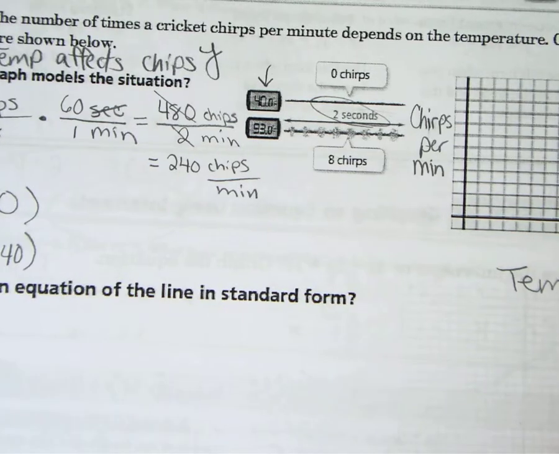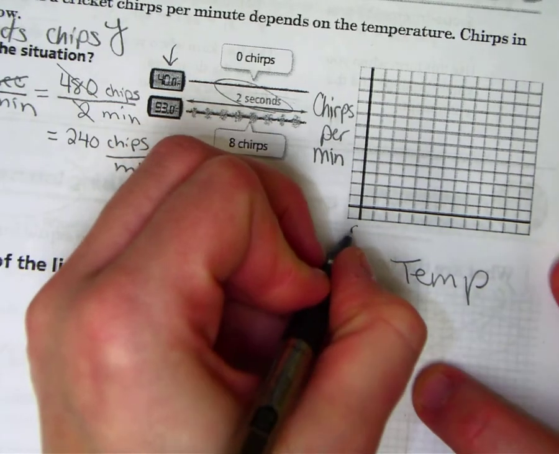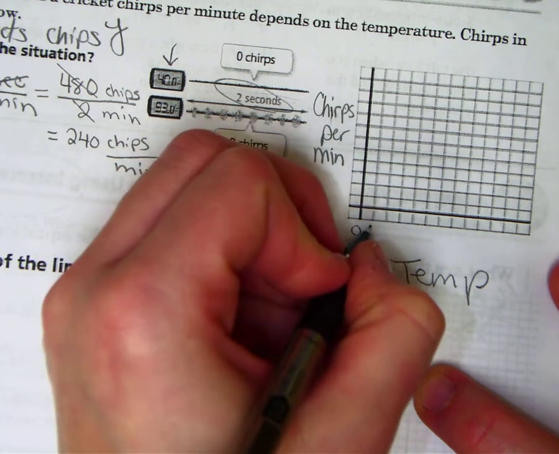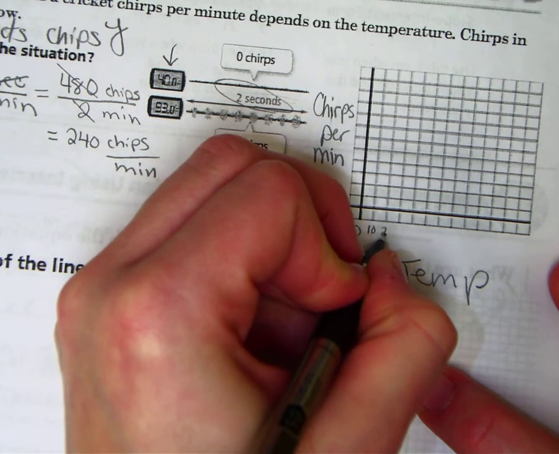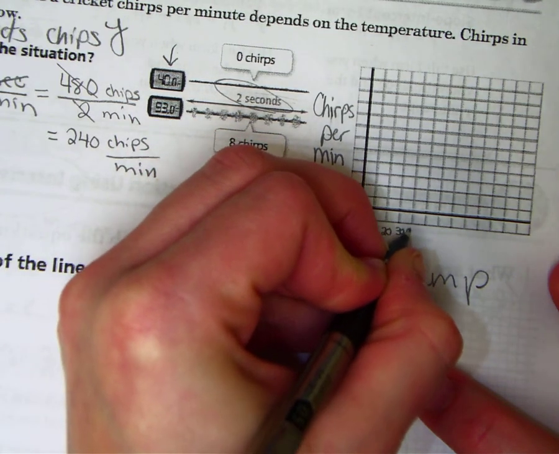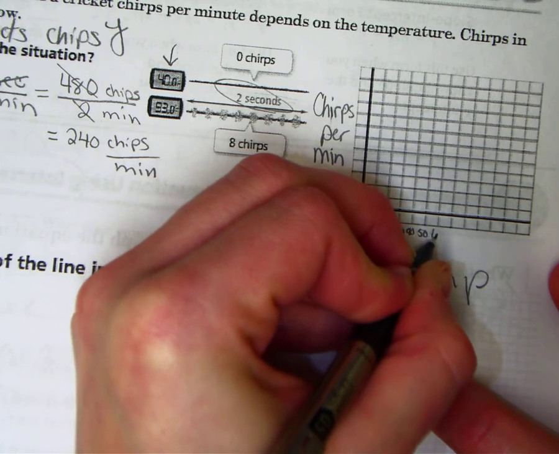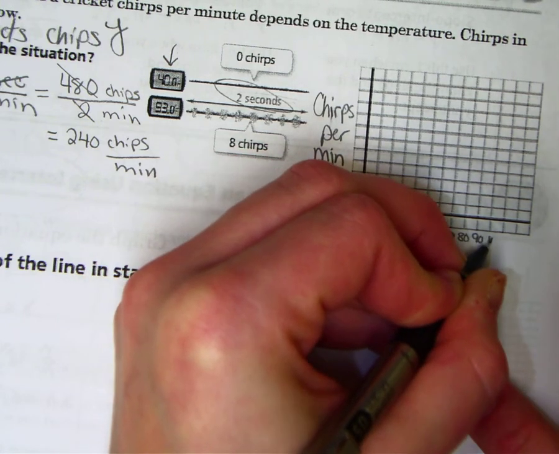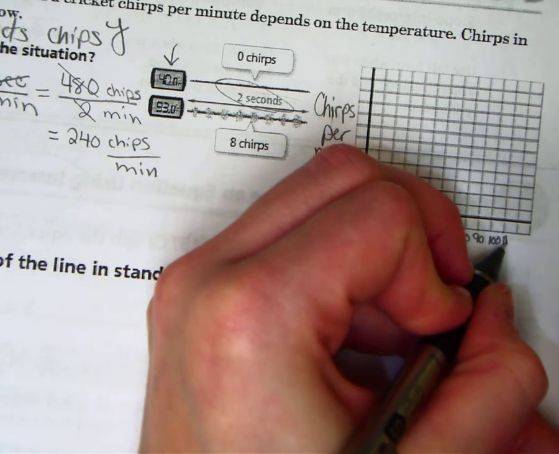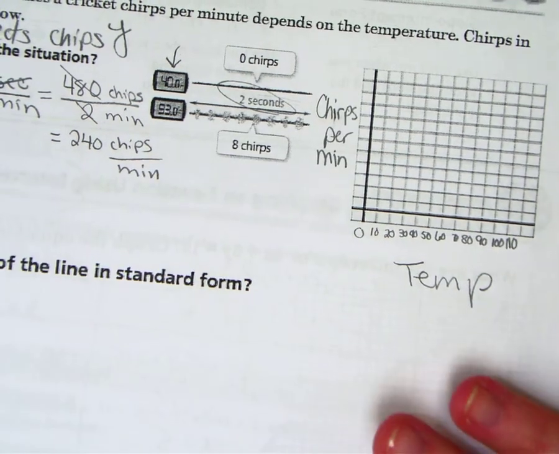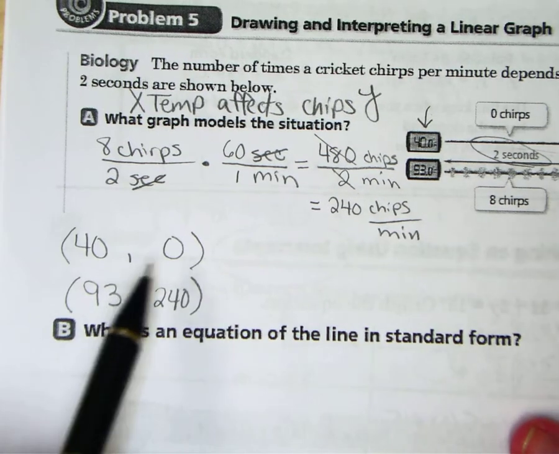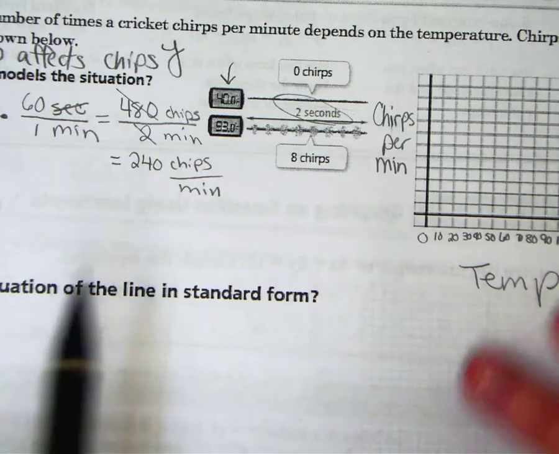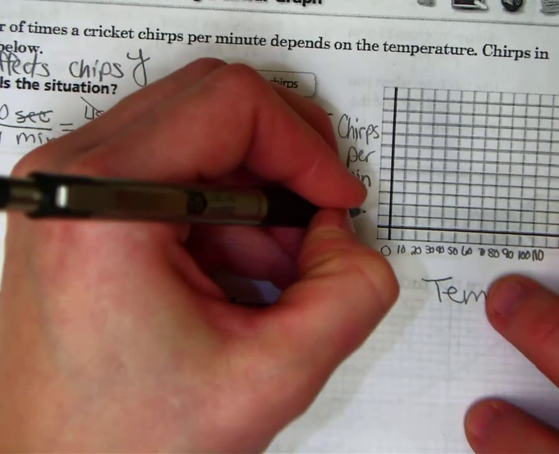So I'm just going to start my graph at 0 and I'm going to skip by 10s on the x-axis. Okay. And then going up, I have to go from 0 to 240. Looking at my graph, it's kind of tight, so I'm going to skip by 20s.